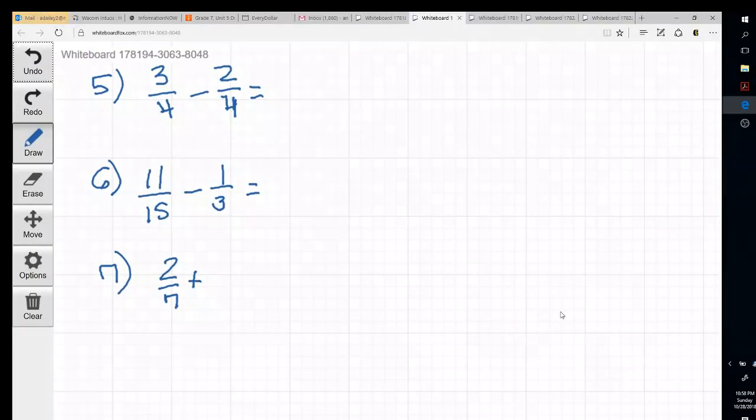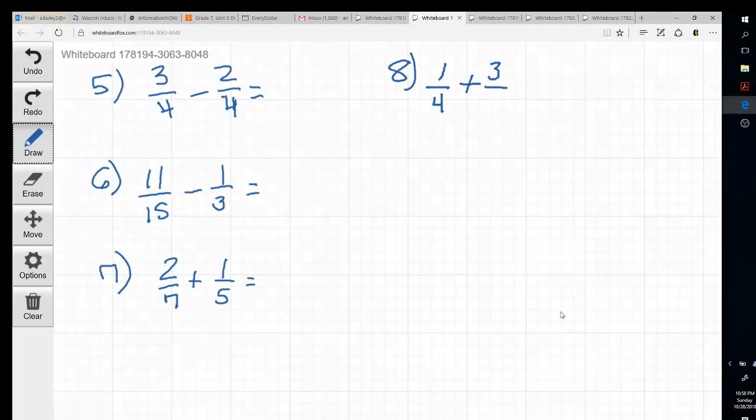Okay, we need to do subtraction and addition. So here's an addition problem. Number 7, 2/7 plus 1/5. And number 8, 1/4 plus 3/8.